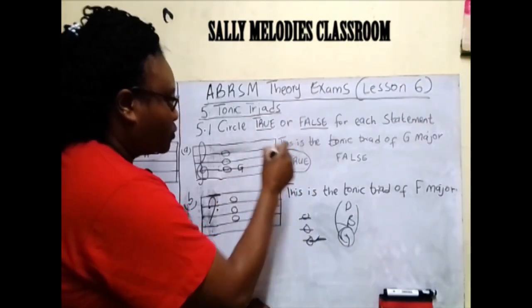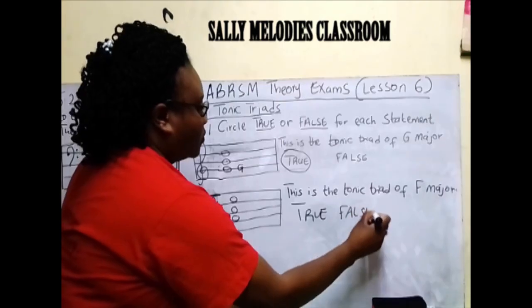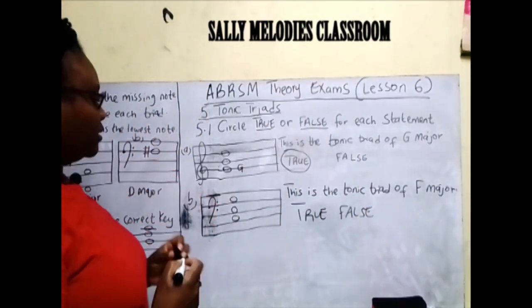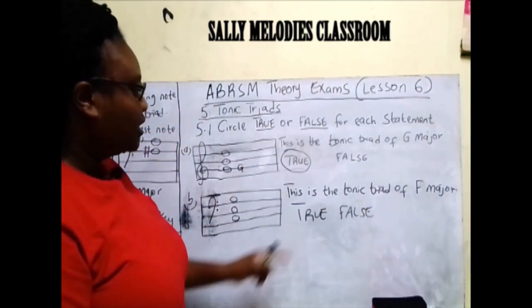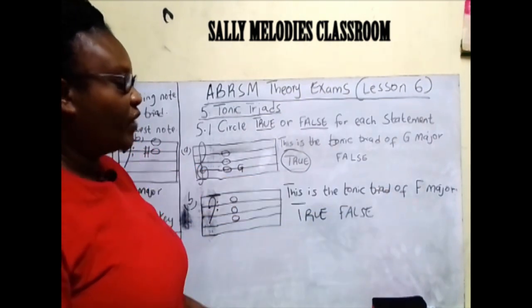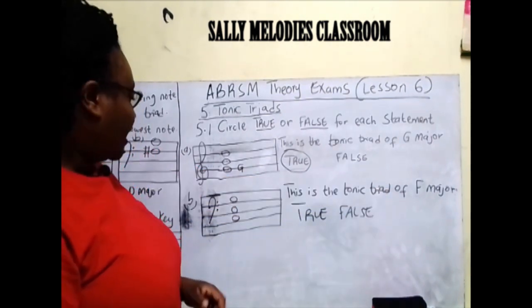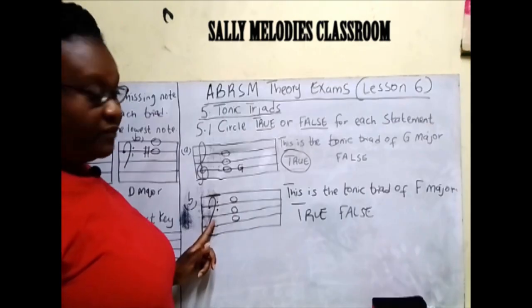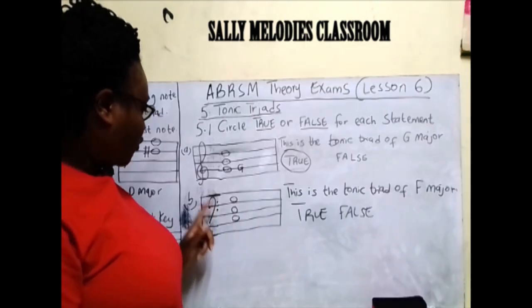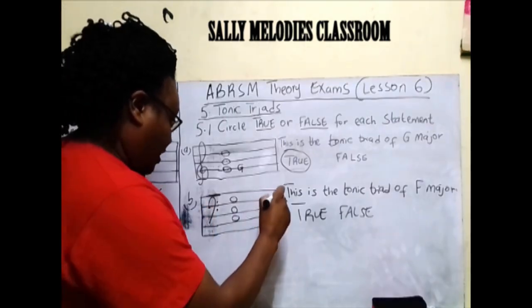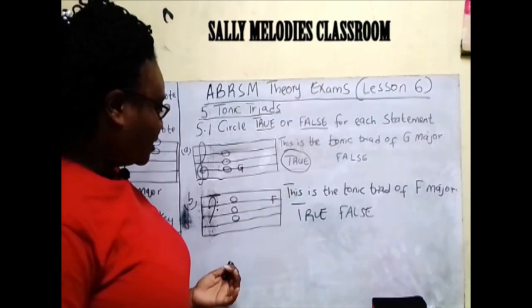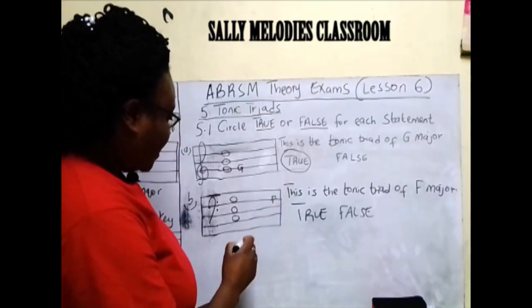You circle. And then question B, you are told this is the tonic triad of F major. And then you are given a different clef. Your F on this clef is here, line 4. And the other one is here, below the staff.